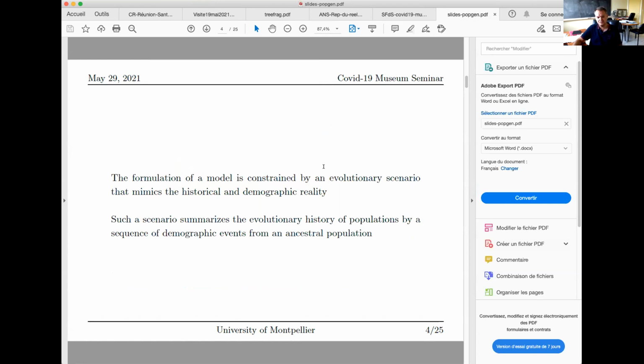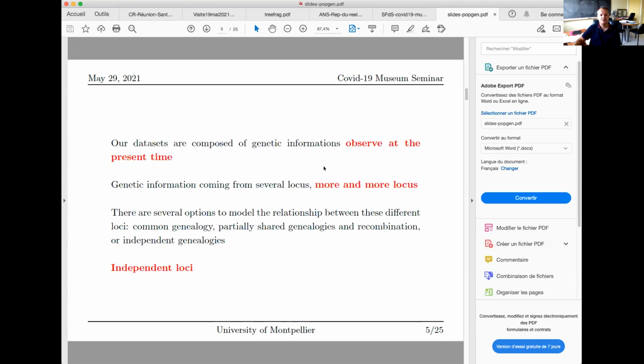Such a scenario summarizes the evolutionary story of a population by a sequence of demographic events from an ancestral population. The dataset we observe is genetic information observed at the present time. We have more and more information, more and more loci.